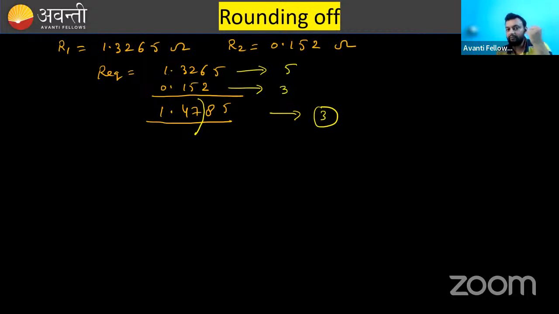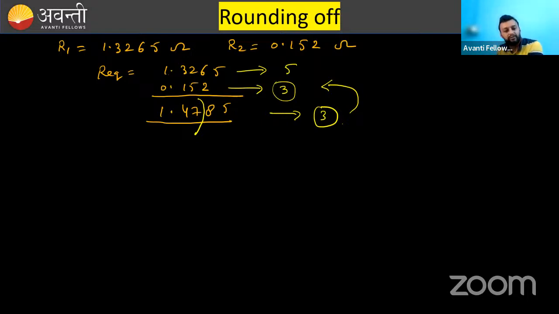I think it is clear why we need rounding off, because the result must have the same number of significant figures as the number which has the least significant figures. This sentence may be a little confusing, but the example is clear. The least significant figures are 3, so the answer must have 3 significant figures. So up to 7 we need to keep it, and after that we need to remove it.